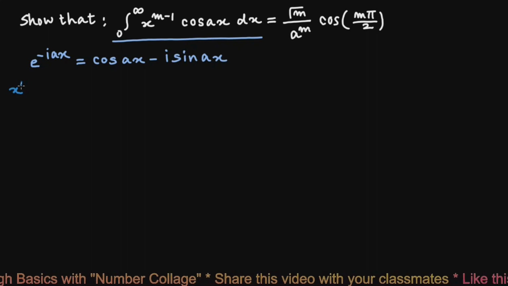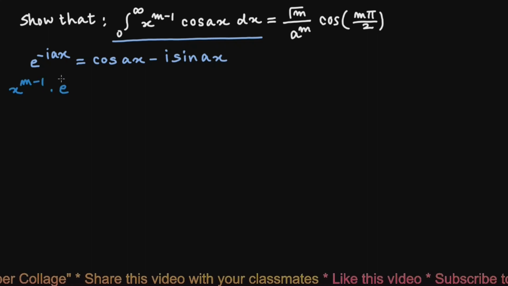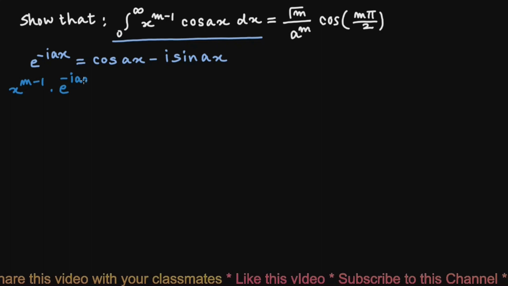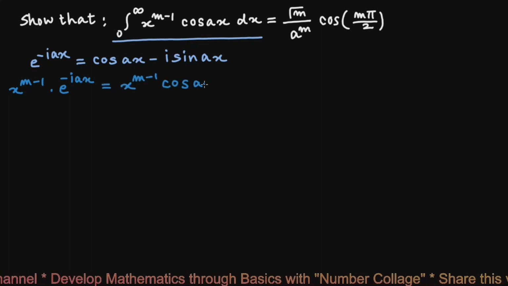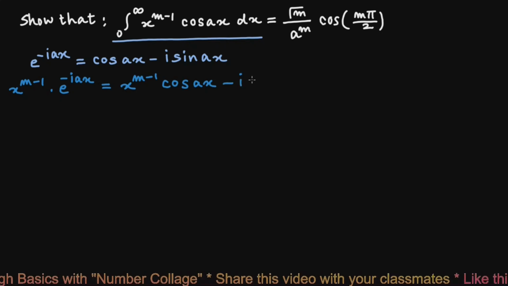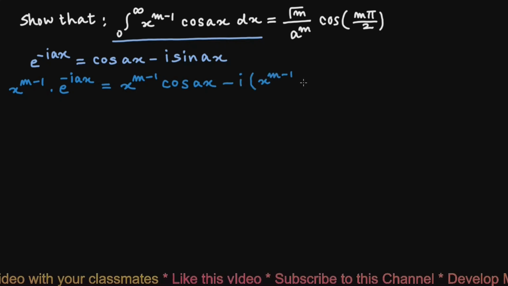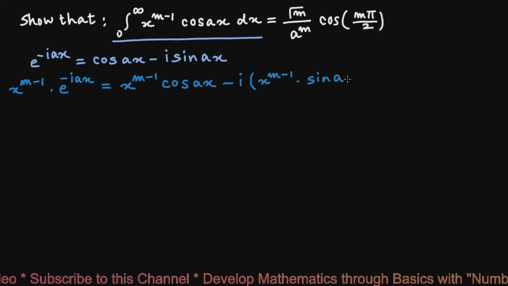So x raised to m minus 1 into e raised to minus iax can be written as x raised to m minus 1 cos ax minus i times x raised to m minus 1 into sin ax.